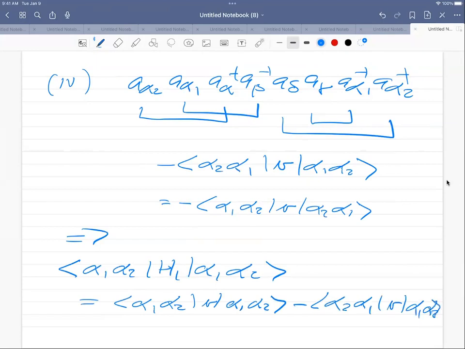The first term is what we call the direct term, and the second term is what we label the exchange term. That happens because we're dealing with fermions. So this is the anti-symmetry which is baked into the wave function.